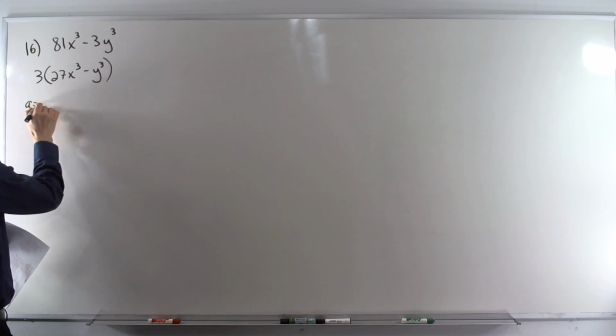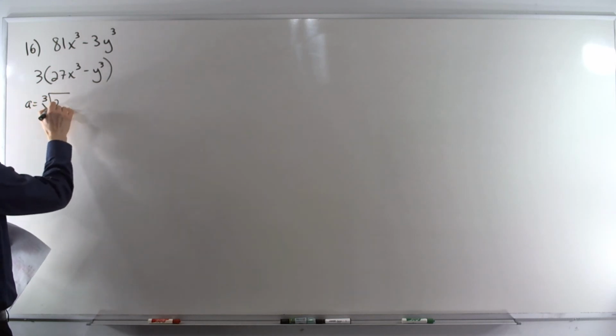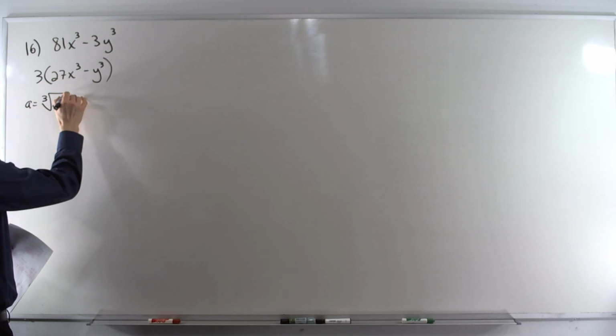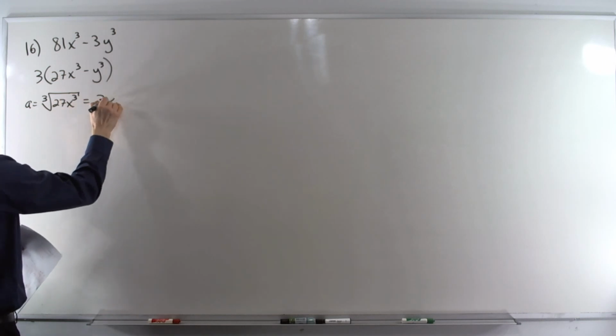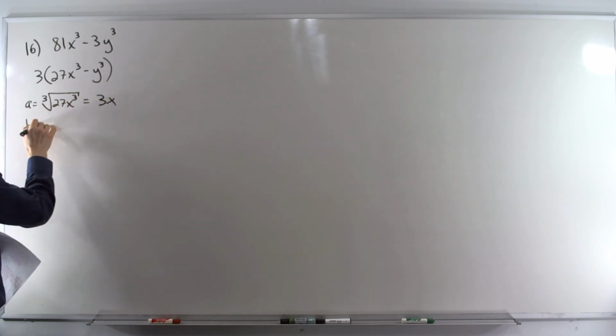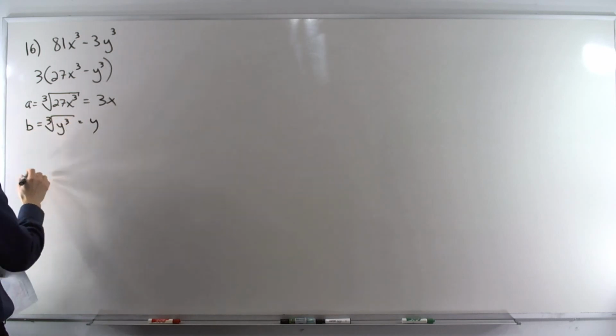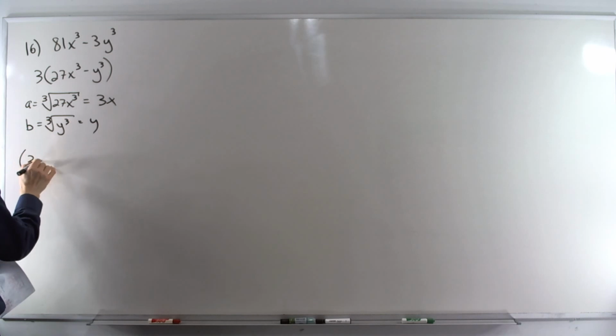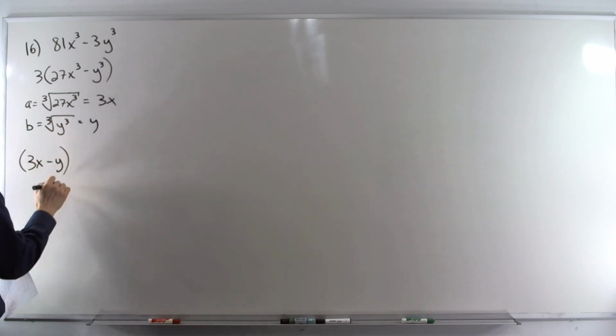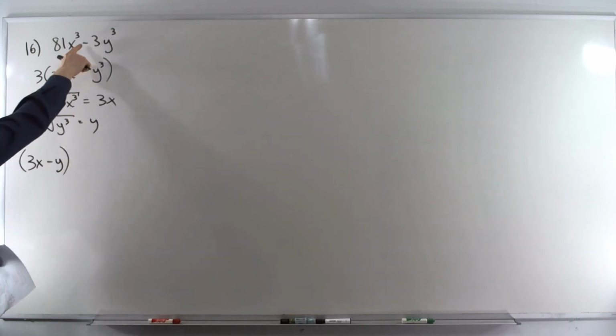So a will be the third root of 27, x to the third. So that's 3x. And b will be the cube root of y to the third, which is y. So our first binomial would be subtraction because it's subtraction up here.